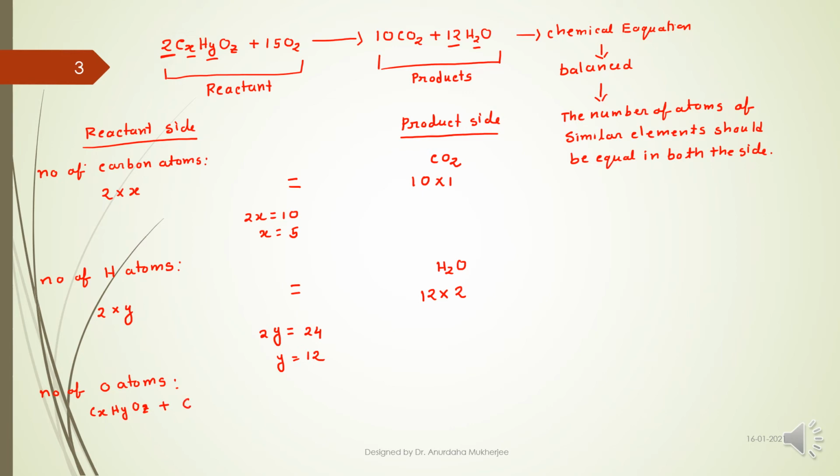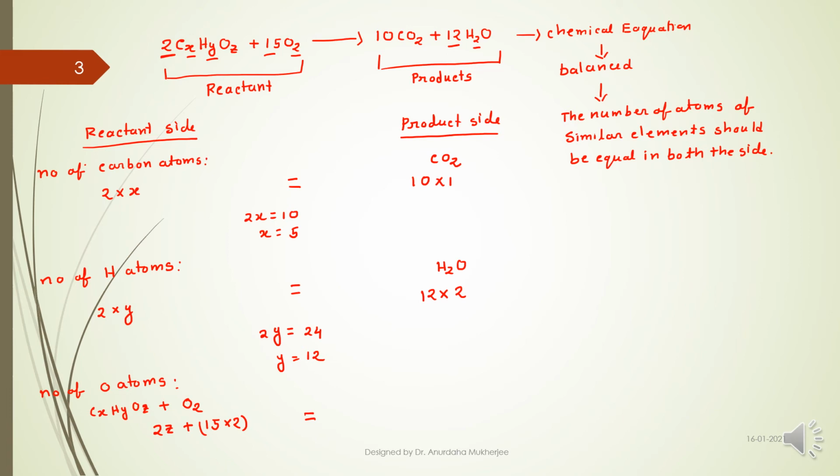So the total number of oxygen atoms is 2z plus 15 into 2, where the coefficient is 15 and the subscript is 2. That equals the number of oxygen atoms in the product side.